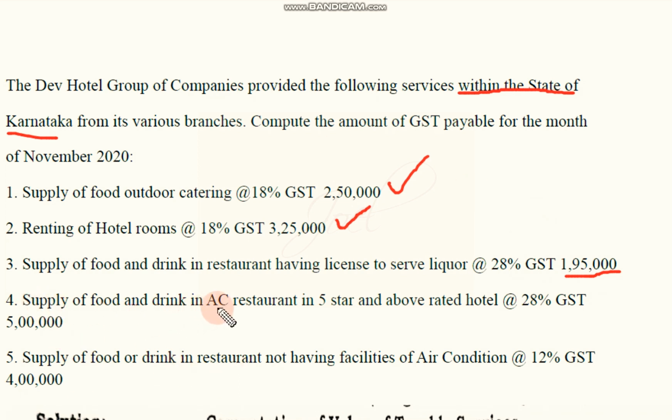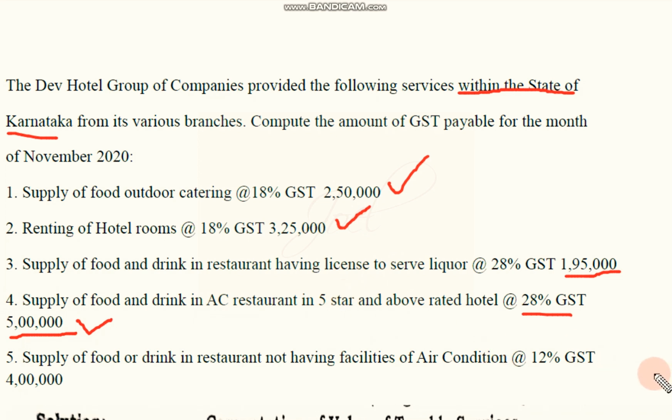Supply of food and drinks in a AC restaurant in 5-star and above rated hotel, 28%, quantity is 5 lakh. So 5 lakh into 28%. In that way we are supposed to calculate. You will get an amount, you divide it equally into two parts.